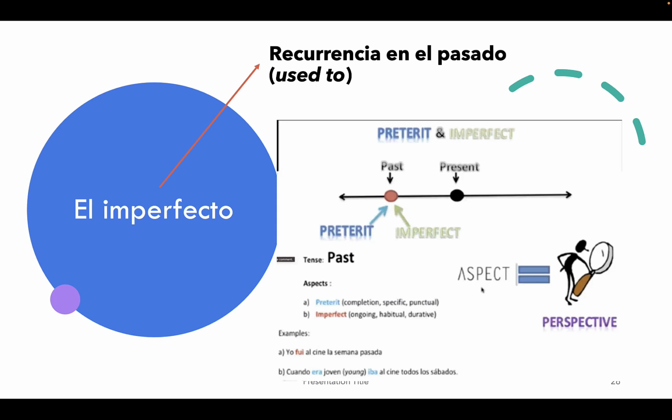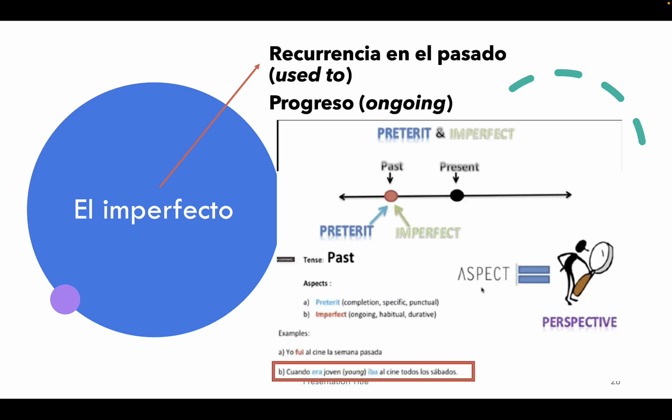Now, let's refer then to the imperfect specifically. We're going to use el imperfecto cuando hay una recurrencia en el pasado. So that's going to be my equivalent to used to. Además, también cuando hablo de progreso, something that is ongoing, or rather that was ongoing in the past. Vamos a ver aquí un ejemplo. Cuando era joven, iba al cine todos los sábados.